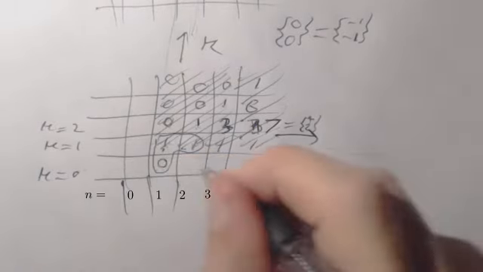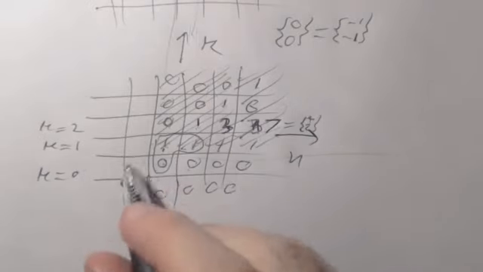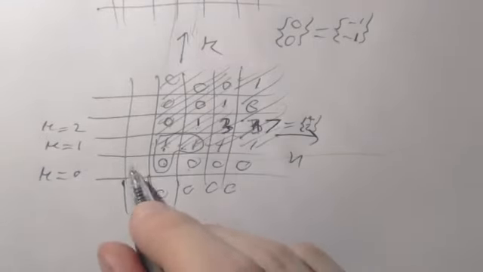And then if we were to apply the recurrence relation for when k is 0, this would have to be equal to this, and this would have to be equal to this, and so on. However, for the 0, 0 position, what we want is that this is 1 as opposed to 0.